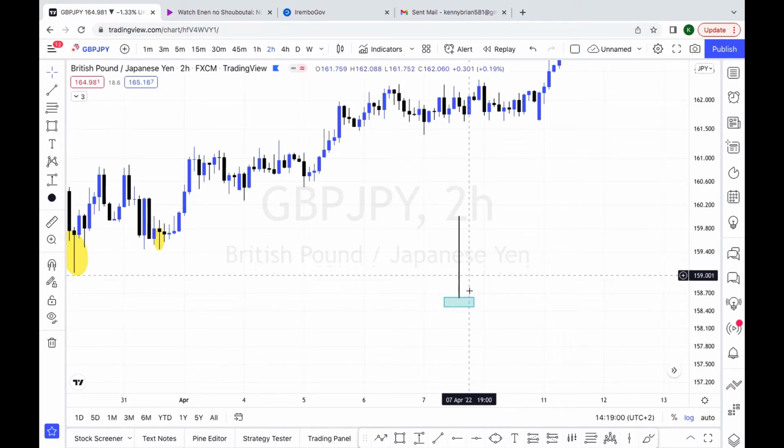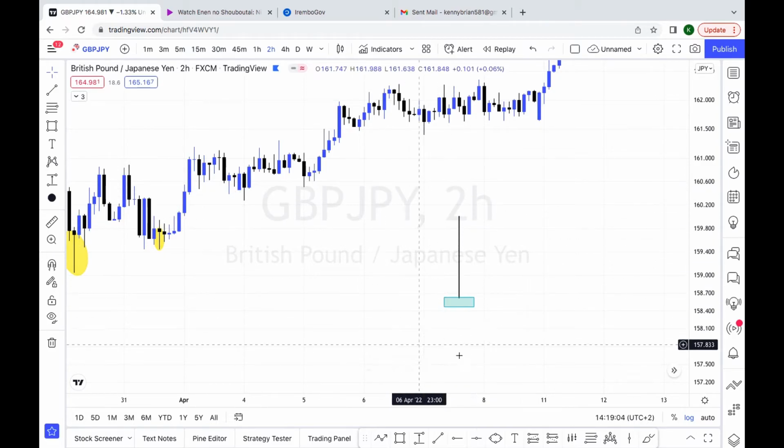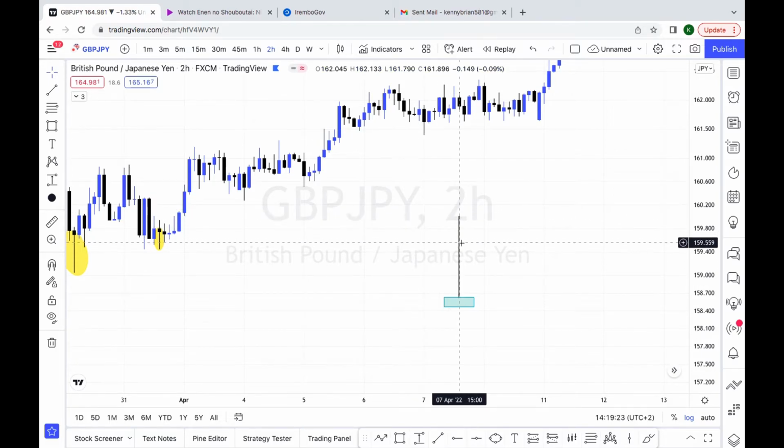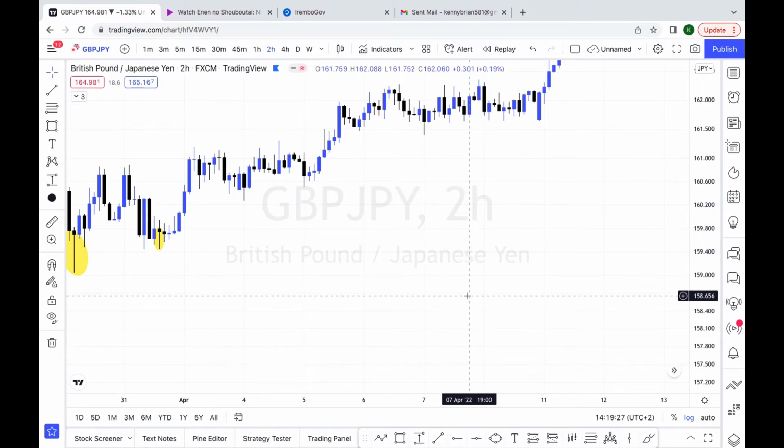So even if the body might look bullish, the entire candle is bearish, because the space covered by the bears in the market is bigger than the space covered by the bulls in the market. By the way, when I say bulls, I mean bullish, and when I say bears, I mean bearish, right? I hope I'm not confusing you guys. So let me show you an example of a shooting star.